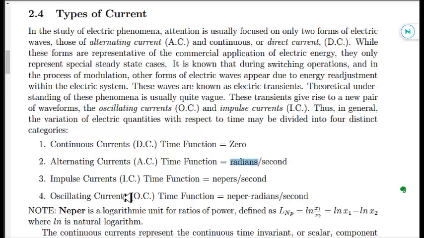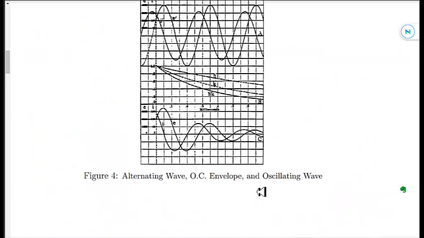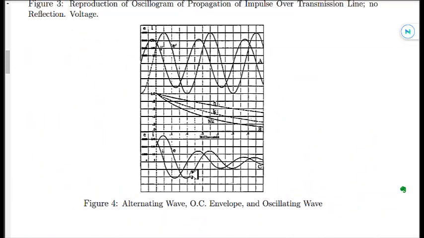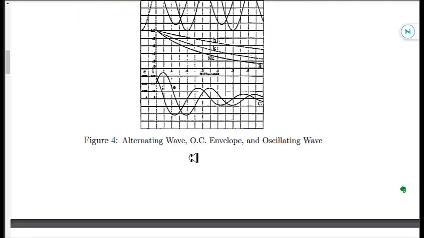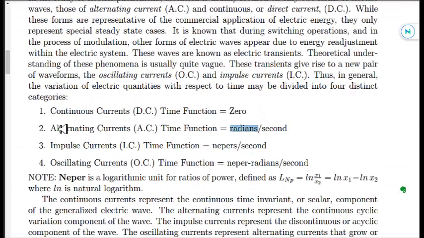And then there are oscillating currents. Oscillating currents have a time function of nepers radians per second, because they are both alternating and changing in amplitude over time. So it is kind of a hybrid of the alternating current and the impulse current.